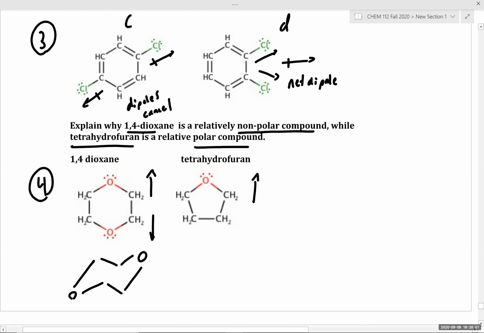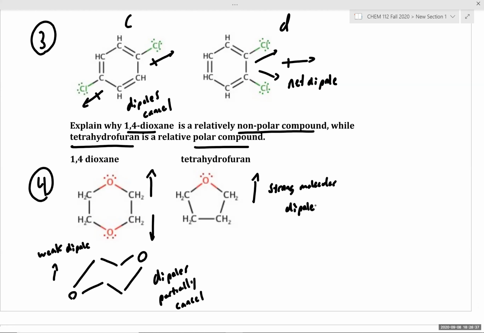It has some 3D shape, but the dipoles partially cancel. But your logic is perfectly correct here. And that leads to a very weak molecular dipole compared to tetrahydrofuran, where you have a very strong molecular dipole. Does that make sense?